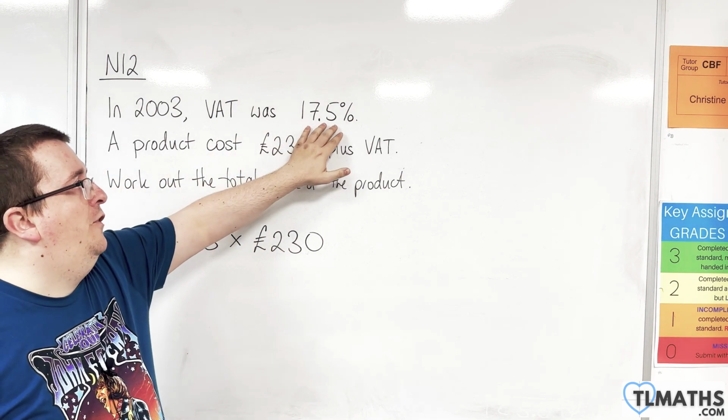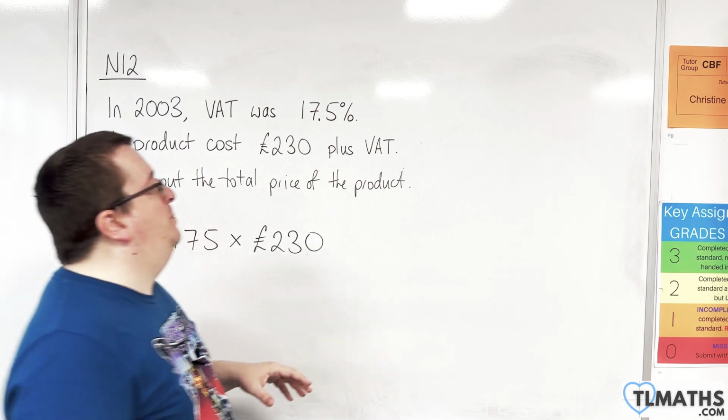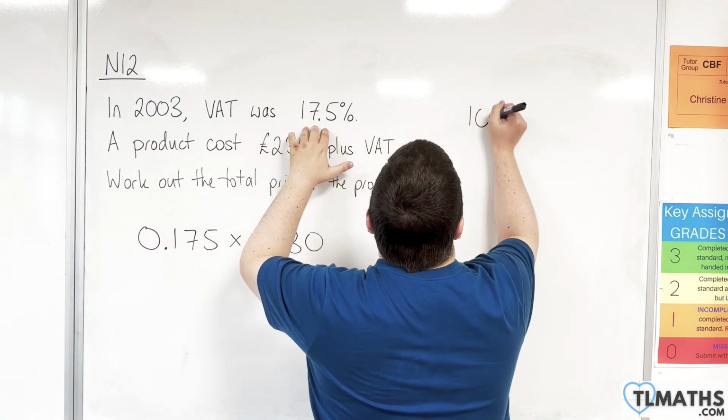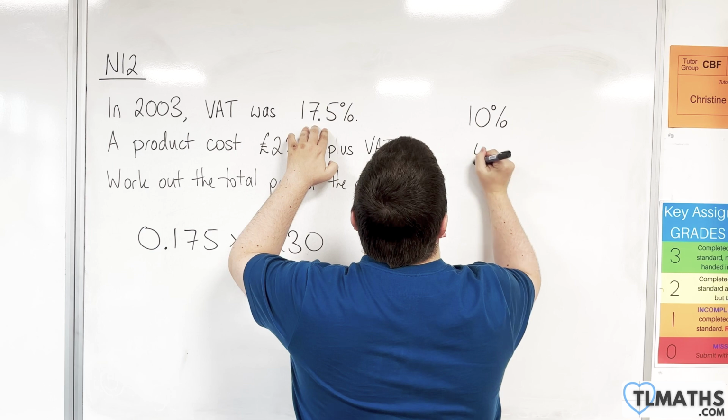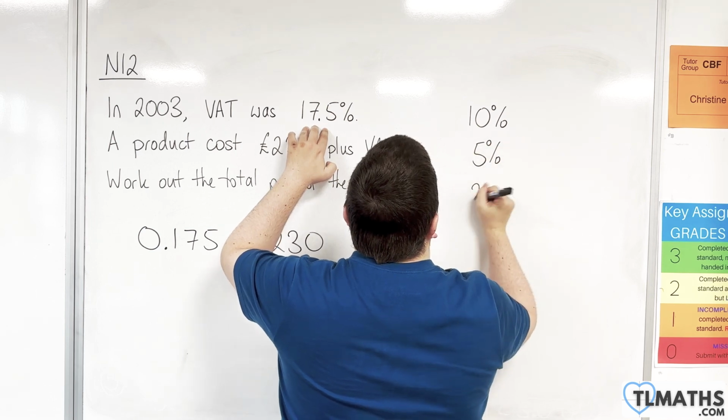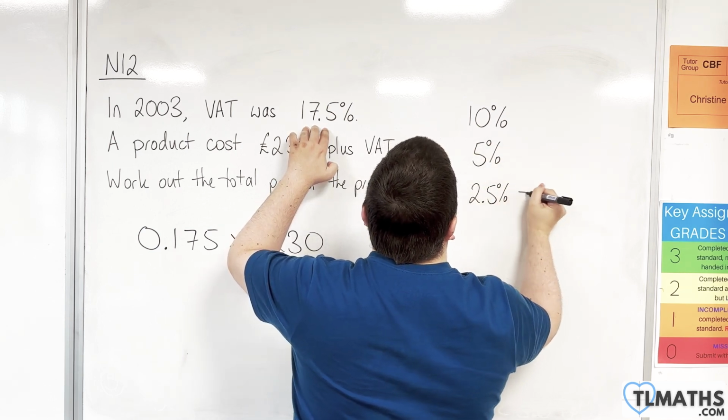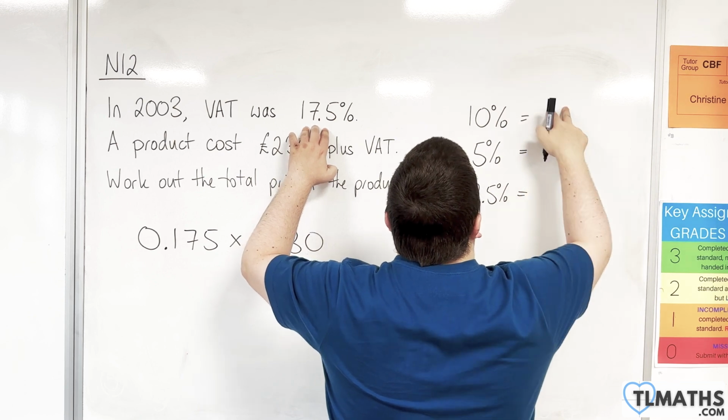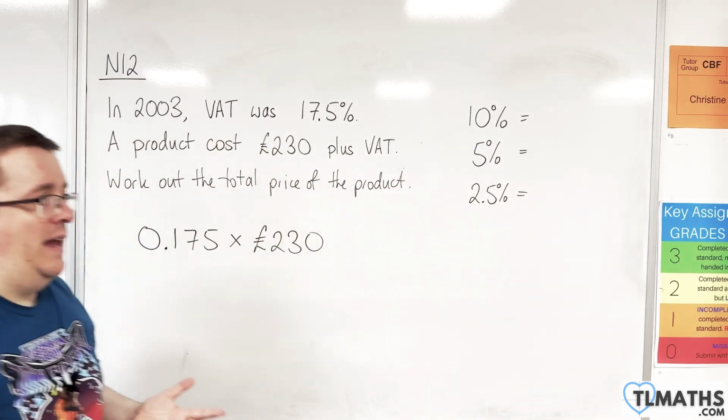Because 17.5% can be easily split up into 10%, then 5%, and then 2.5%. Working those out and then adding them together.